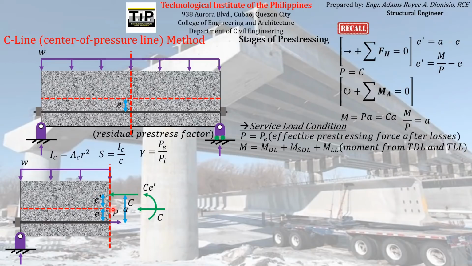And again, just like in the basic concept method, since we have here an axial force and a bending moment, which is the moment produced by the total compressive force due to its eccentricity, this force and this moment will produce an axial stress and a flexural stress in the concrete element.